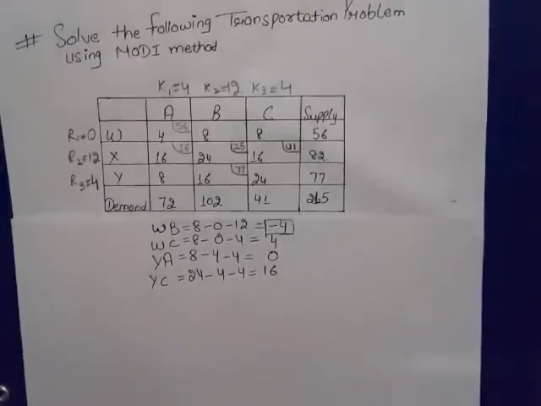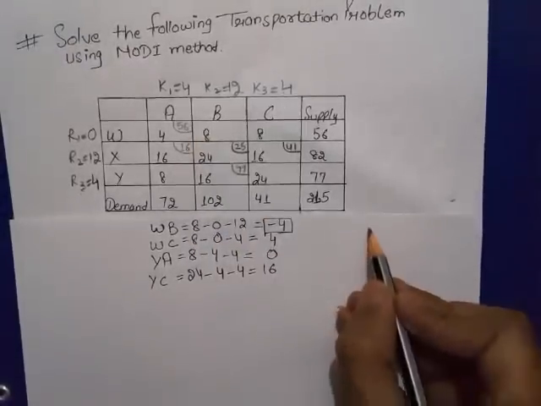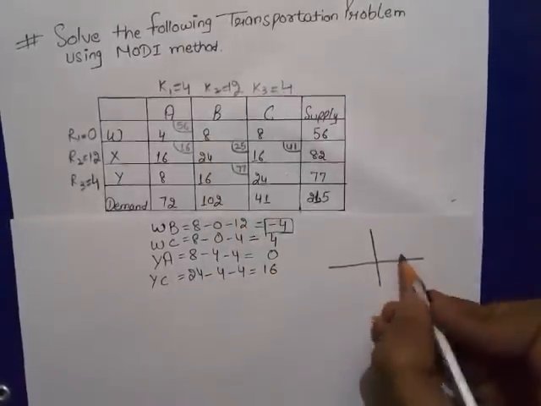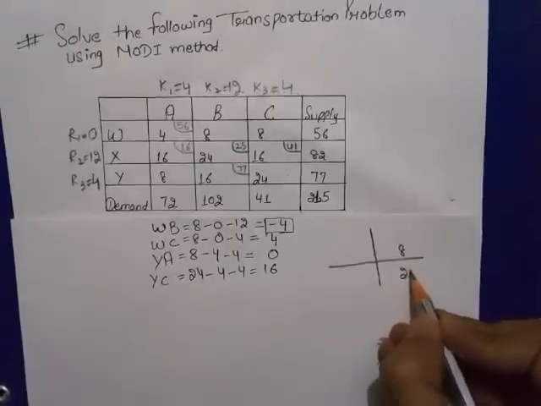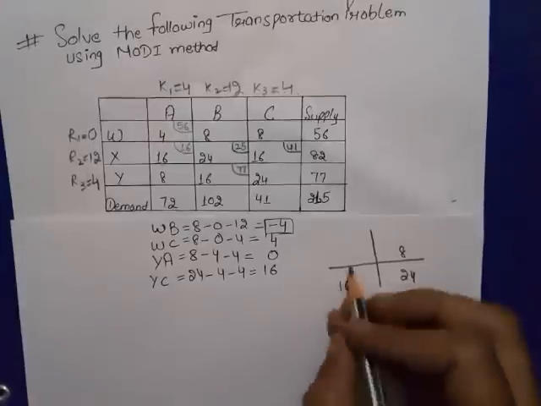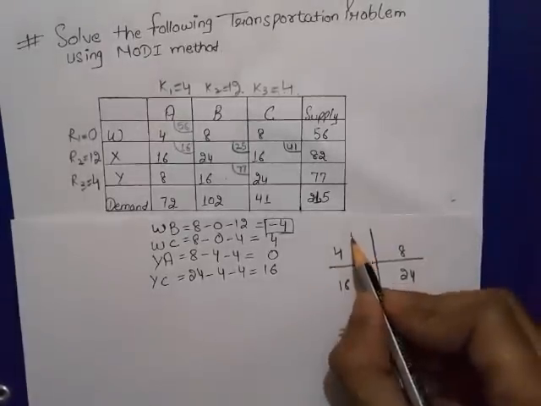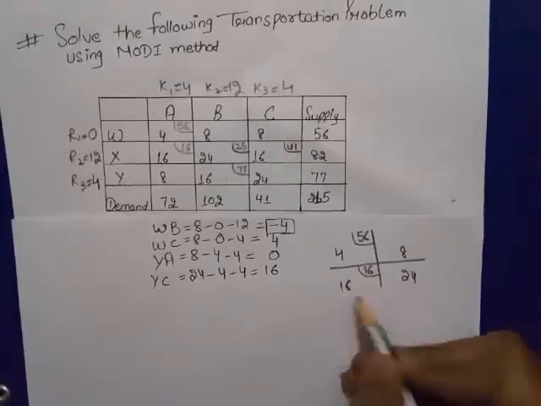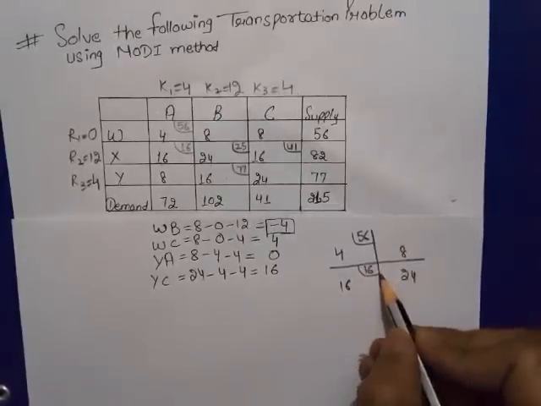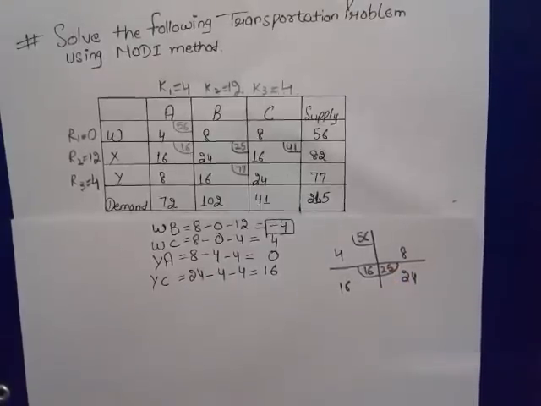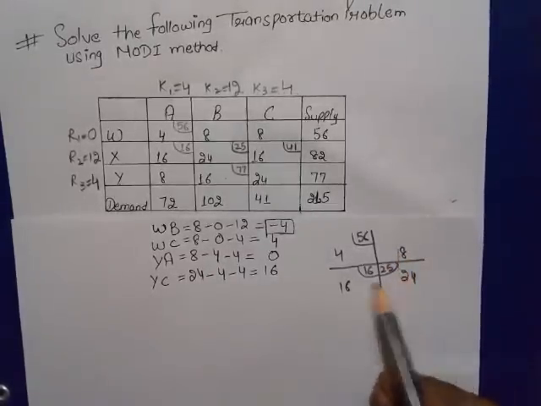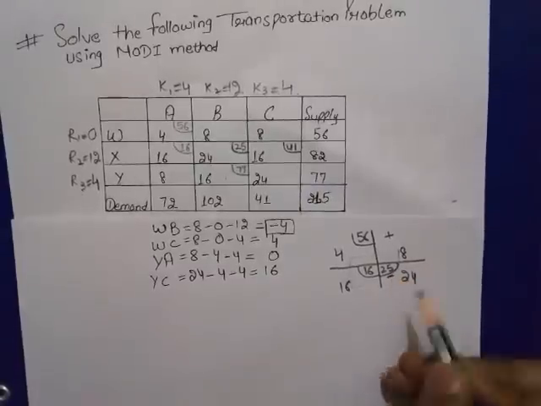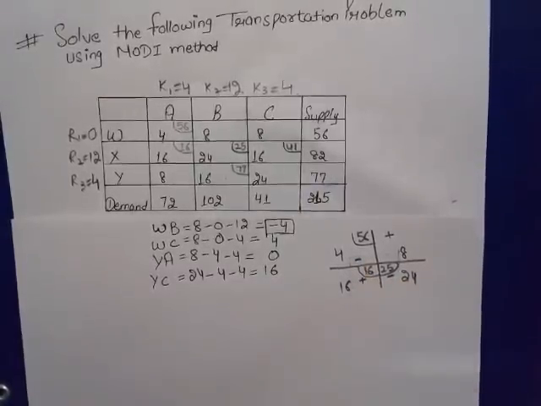Let's do it. So select this. The values are 8, 24, 16 and 4, and they are occupied 56, 16 unoccupied and 25. The loop is made in this way: plus, minus, plus, minus.